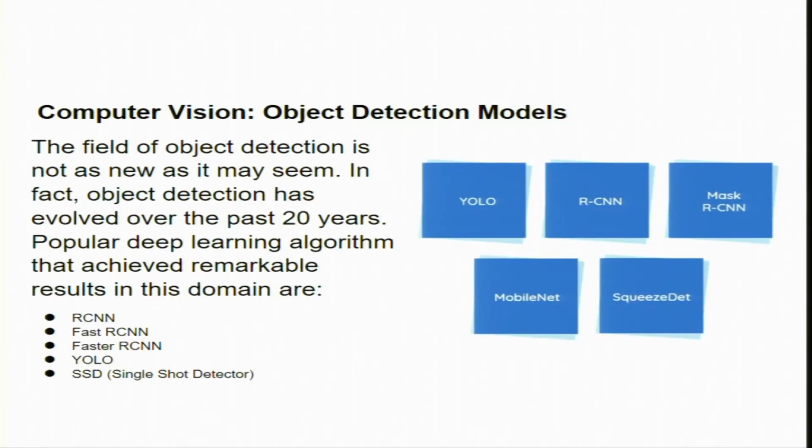Now, let us see what are the different standard models which have evolved over the period for doing computer vision. The field of object detection has gone through a tremendous transformation, overcoming the earlier days of very low resolution and very low accuracy models using fixed algorithms. Why?